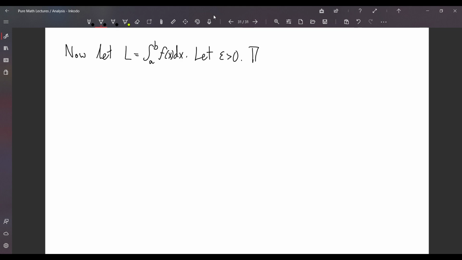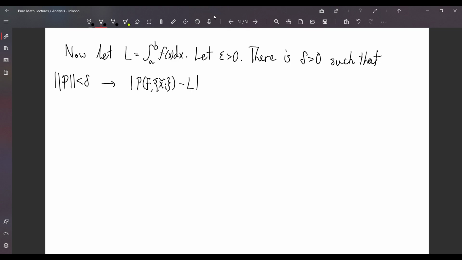So we know that there is a delta greater than 0 such that for p a partition of mesh less than delta, this implies that any Riemann sum minus the Riemann integral is less than epsilon over 4.